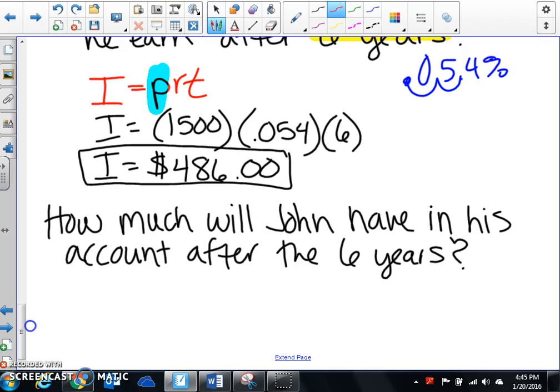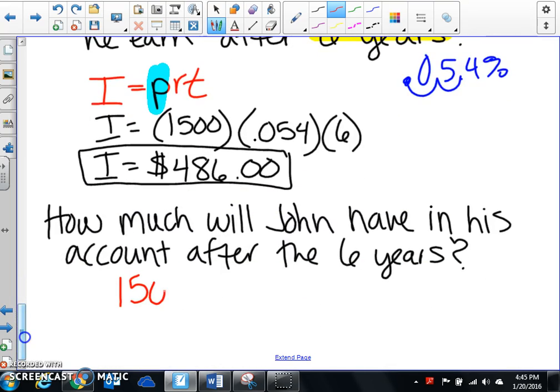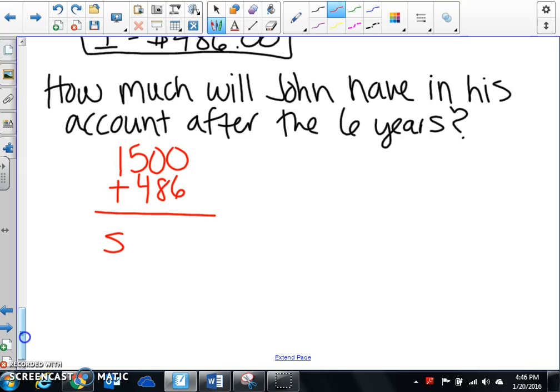So John's interest was $486. He started off with the $1,500. So we're just going to add in the interest that he made. So John currently has $1,986 in his bank account.